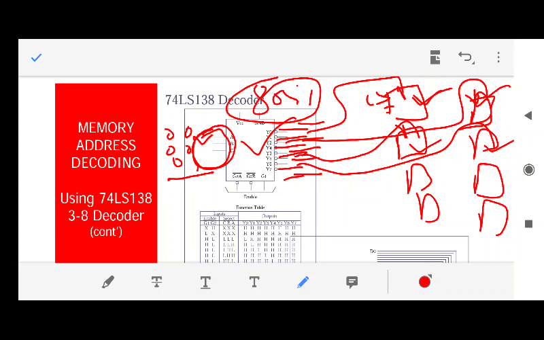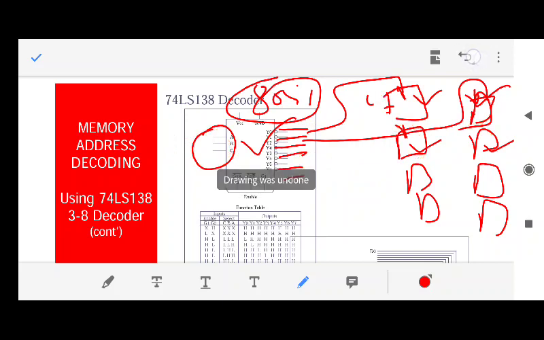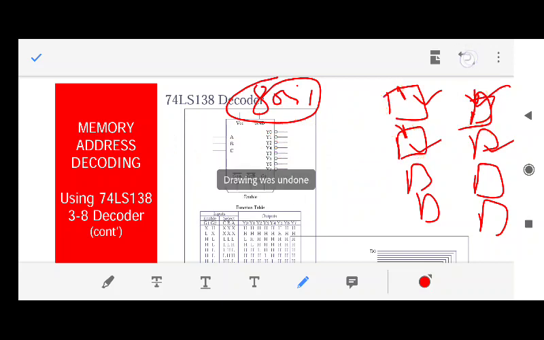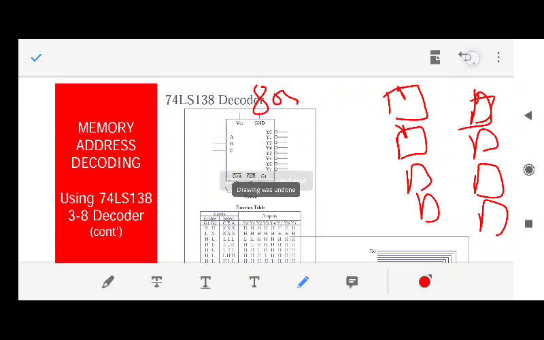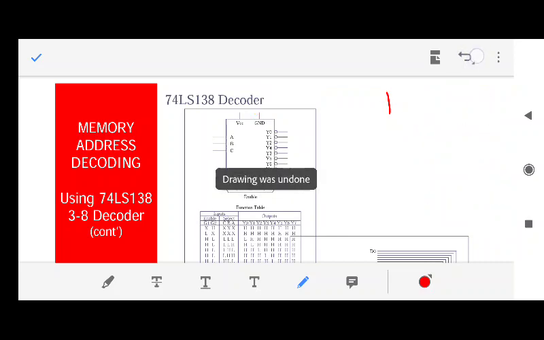Fine. So this is the main motto of our topic. Why are we reading the decoder? We are reading the decoder to select these external chips. Because we have less number of address lines. Maximum number of address lines are already connected to each chip. Remaining address lines, using the remaining address lines, you have to select those chips.